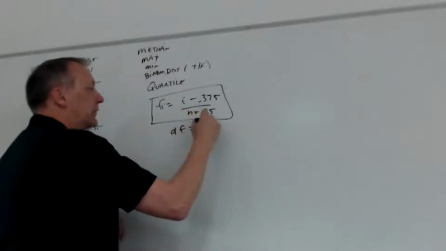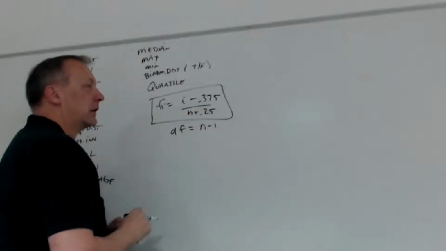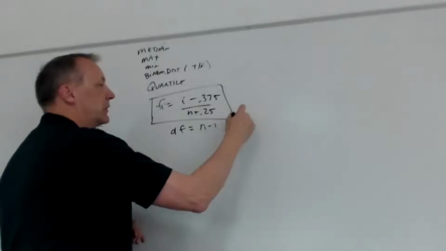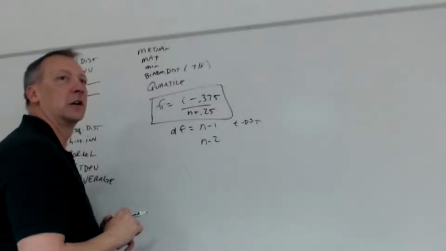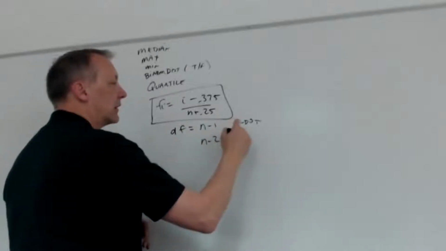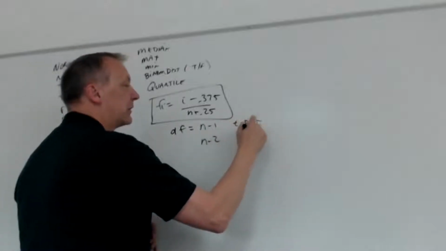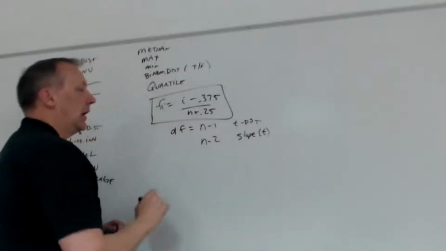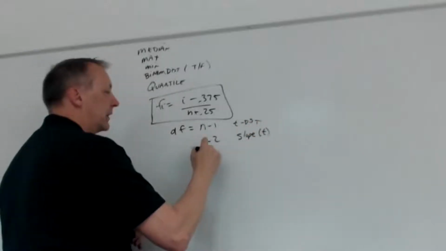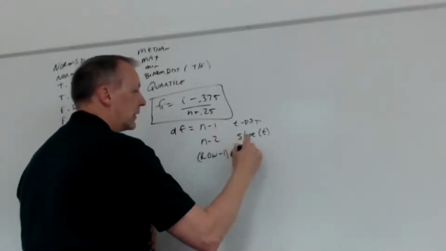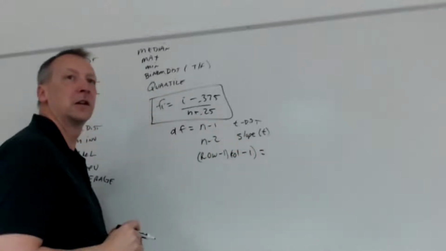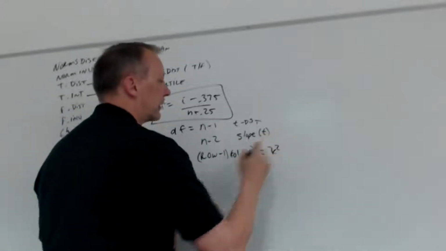N minus 1 is for most t distributions. N minus 2 is also a t, but it's for slope. And row minus 1 times column minus 1 is for chi-square.